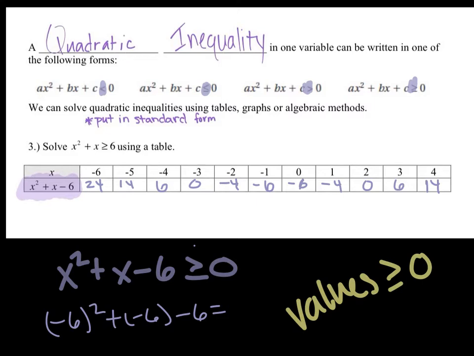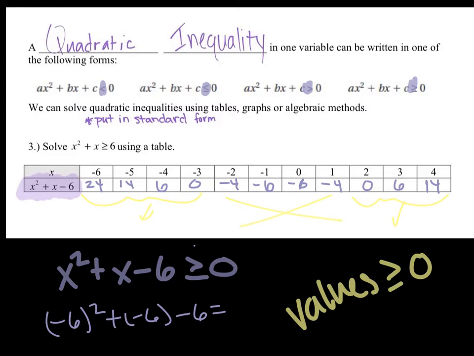If we're looking at our table, values that are greater than or equal to 0 are this section here and this section here. So that section in the middle is no good. So I can see that all the values that are negative 3 or less, or positive 2 and higher are going to work.